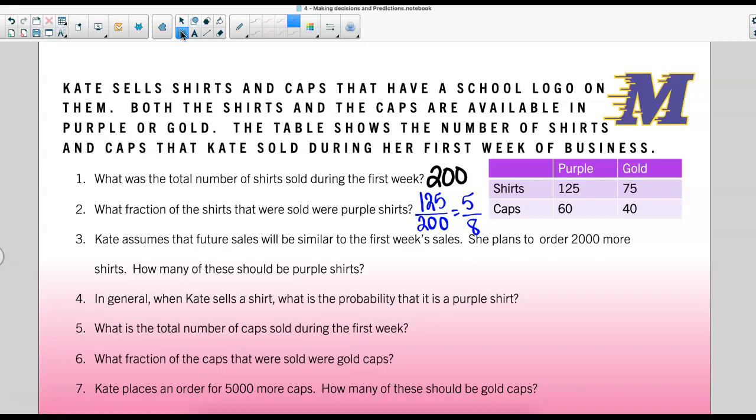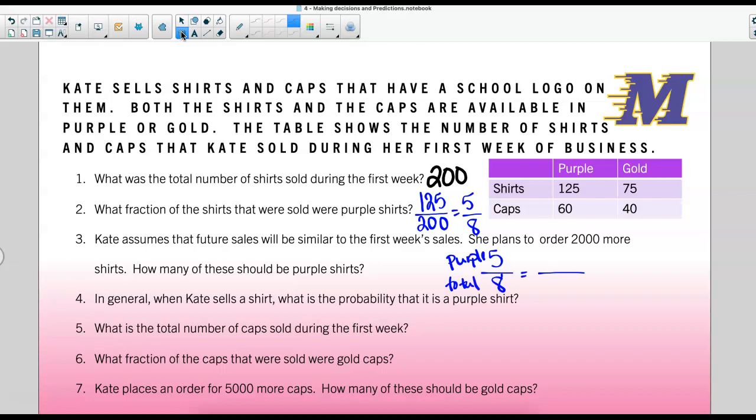This is where we have to go back to proportions. This is really a probability, 5 out of every 8. That's our probability of getting a purple shirt. We're using that fraction, 5 out of 8: 5 purple out of 8 total.